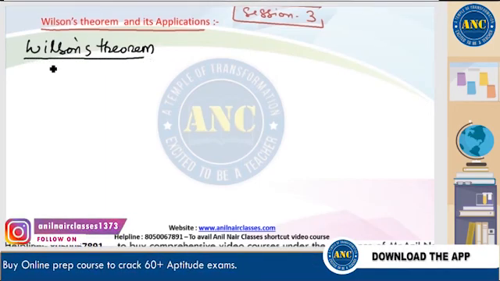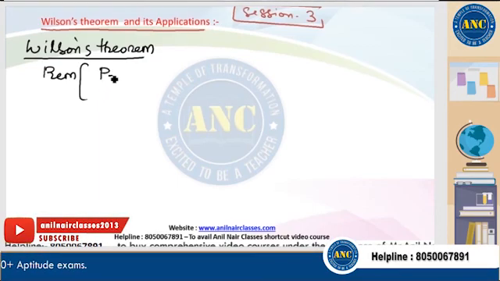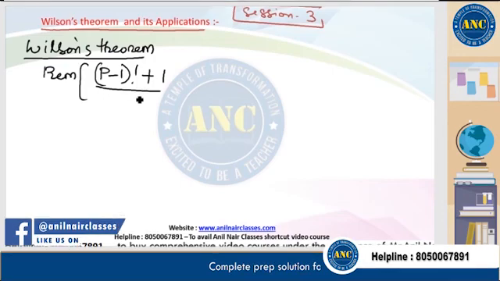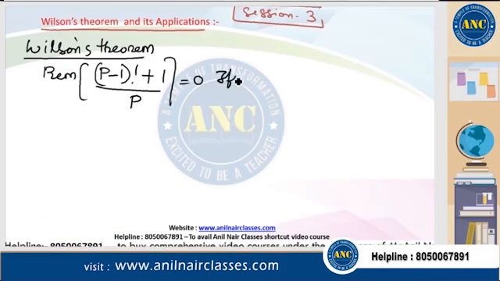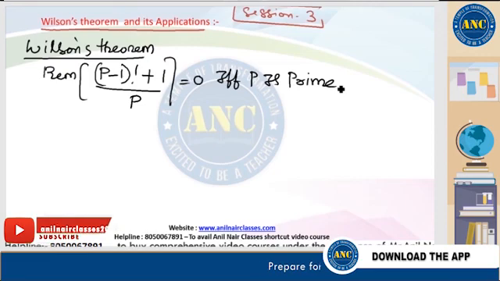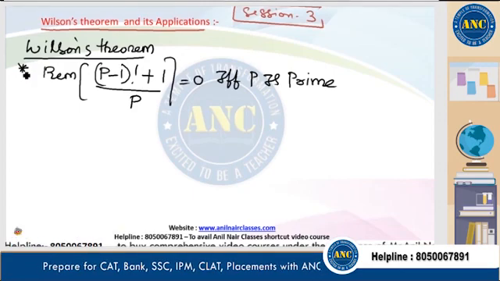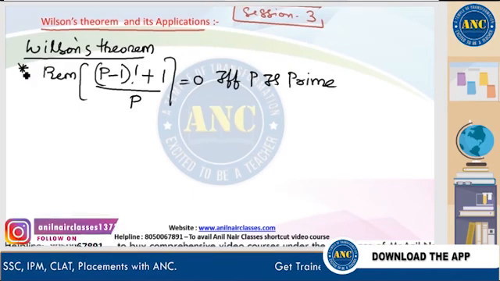Wilson's theorem states: remainder when P minus 1 factorial plus 1 is divided by P is 0 if P is prime. This is Wilson's theorem.